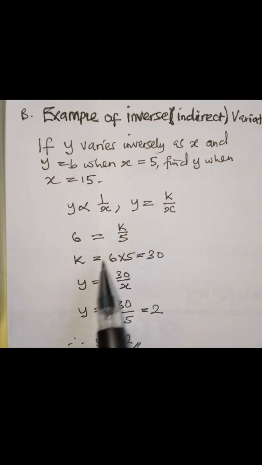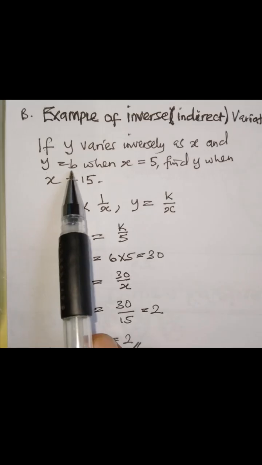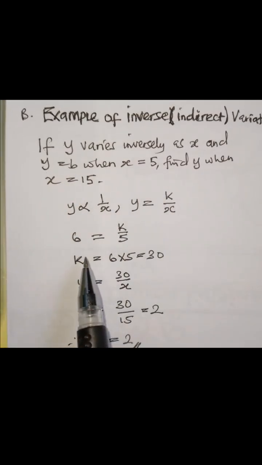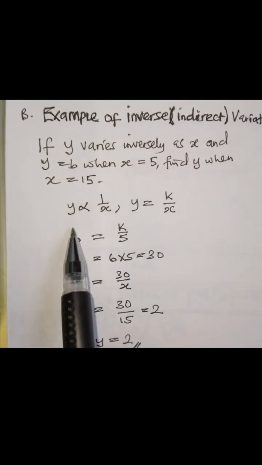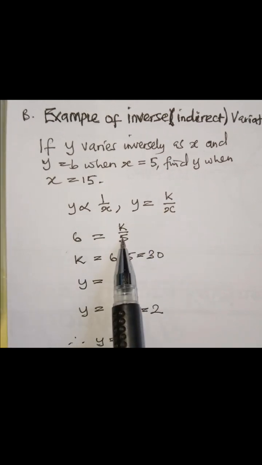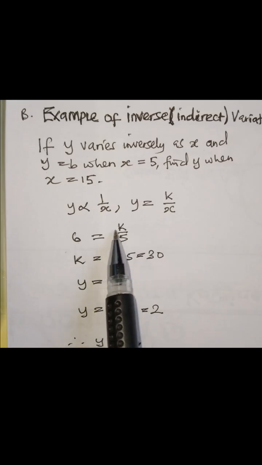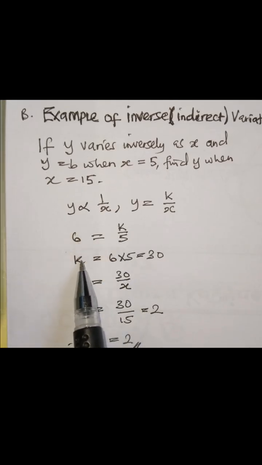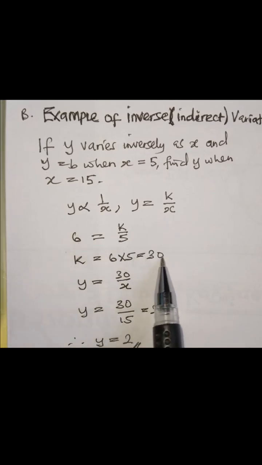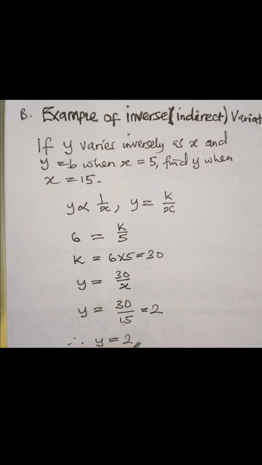To find the value of k, we substitute the first group of values: where y is, we put 6, where x is, we put 5. Therefore, by cross multiplication, k equals 6 times 5, which is 30. The formula connecting y and x is y equals 30 all over x, and y equals 2.